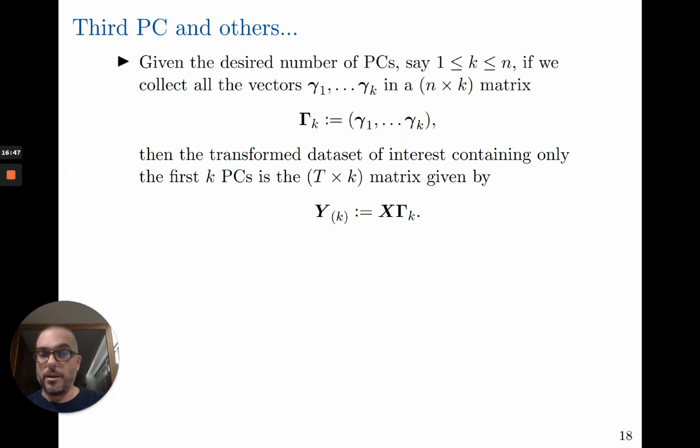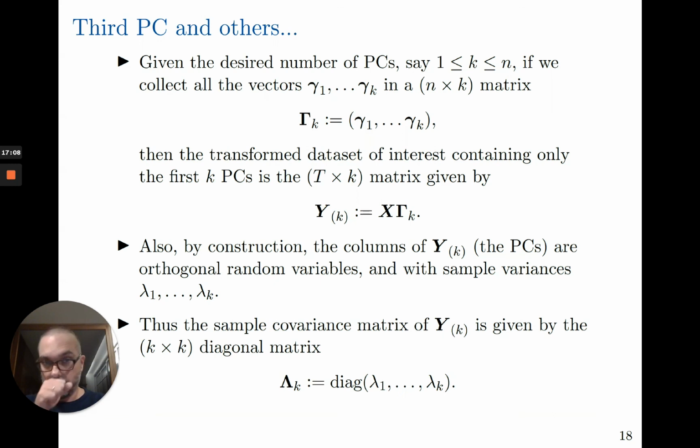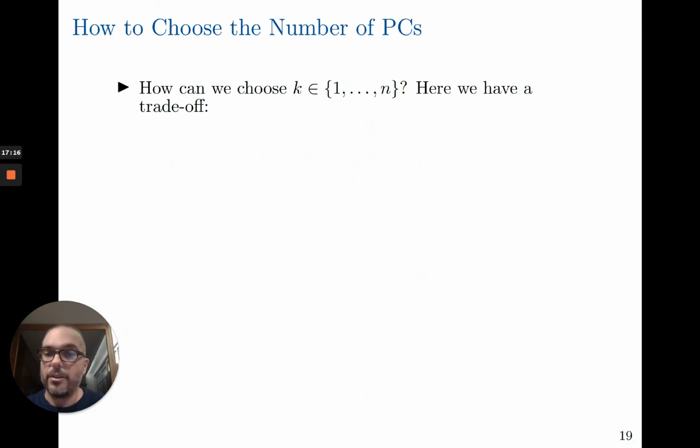We call this Yk, it will be equal to X gamma k. And by construction, the columns of this new data matrix Y will be orthogonal random variables with sample variances given by the eigenvalues. And the sample covariance matrix of Y will be a diagonal matrix with the lambdas on the main diagonal. Right?